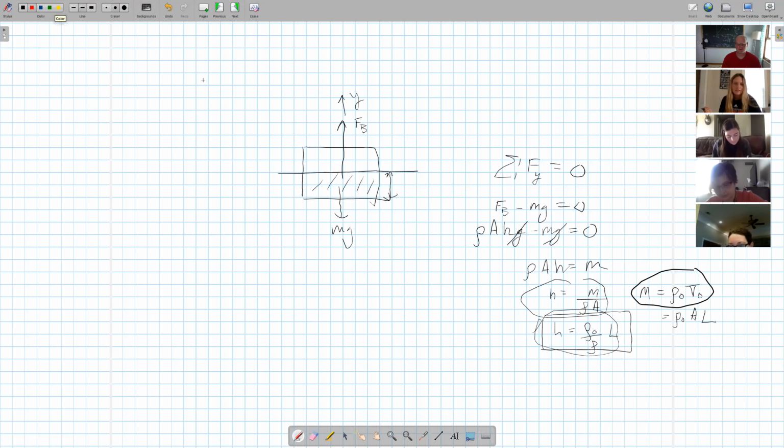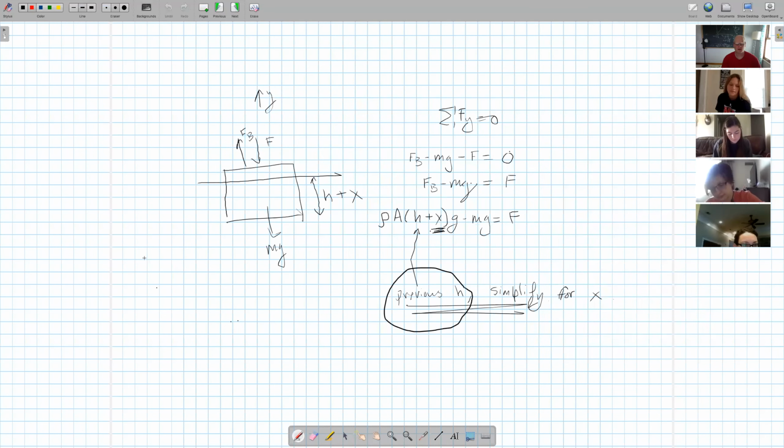So for part B then, let's switch over to part B. Here, the only thing that's going to be different now is you have this extra F downward. That extra F downward causes the object to submerge more, which means that instead of having H submerged, now it's going to be H plus X submerged. So if we do the same thing as before, the sum of the forces in the y direction, we get buoyant force minus the weight minus F is equal to 0.